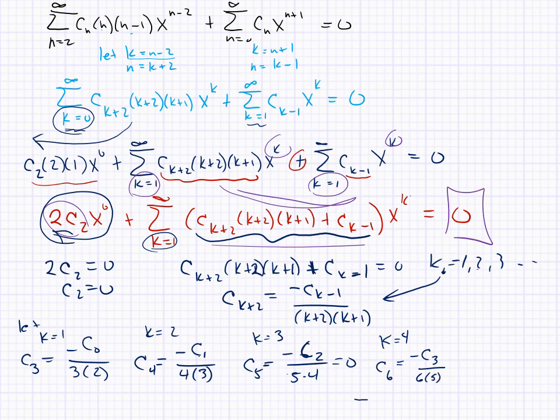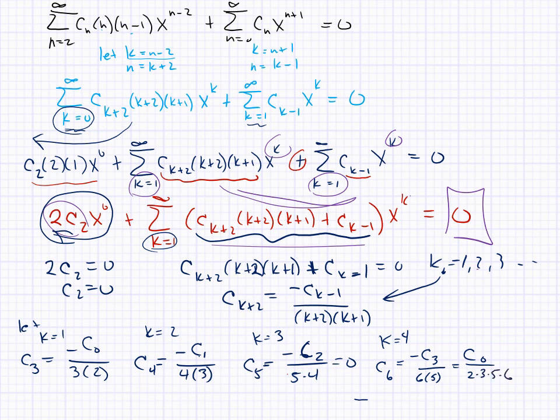However, c sub 3 is negative c sub 0 over 3 times 2, so it's going to end up being actually positive c sub 0, because it's negative c sub 3, negative, negative, give me positive. And then I'll have 2 times 3 times 5 times 6.